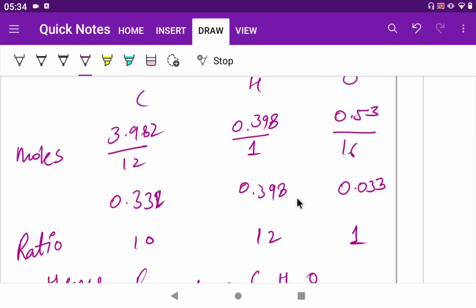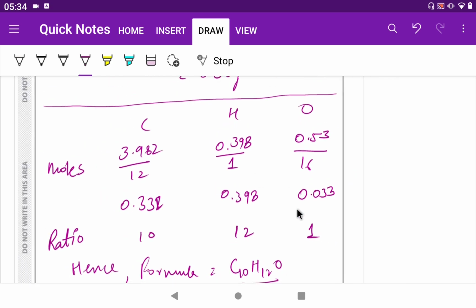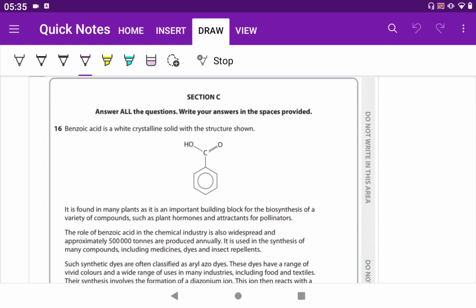The smallest number is 0.033, divide all by this number. So it will be around 12, or around 10. So hence the formula will be C10H12O1. Okay.